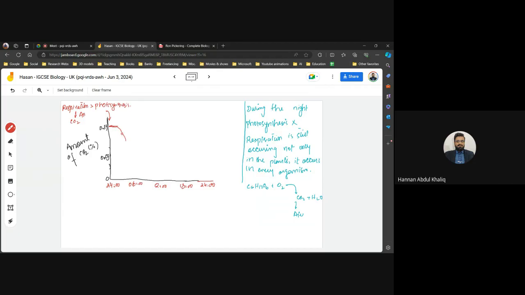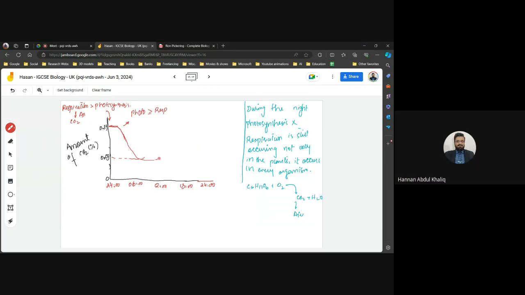Around 6 o'clock, when the sunlight is there, photosynthesis would be higher than or equal to respiration. And then with very much speed, it would come down to 0.03 around 1200 hours.